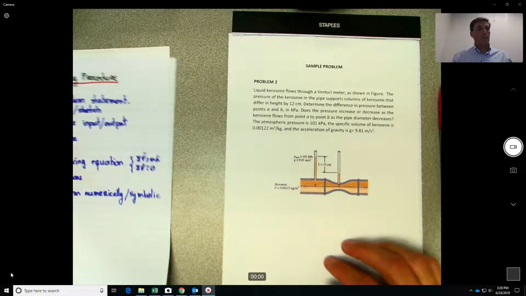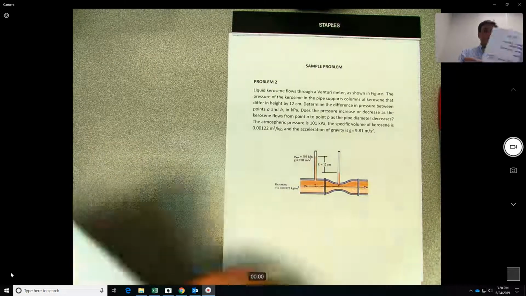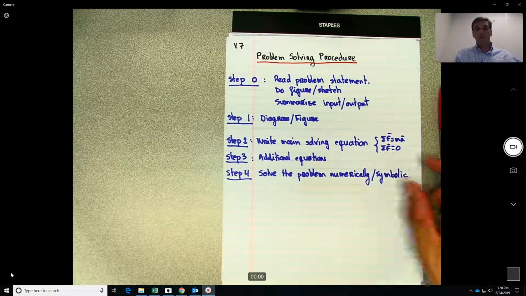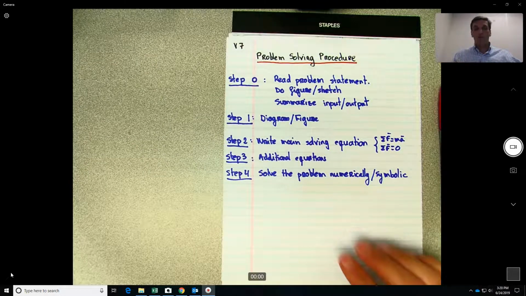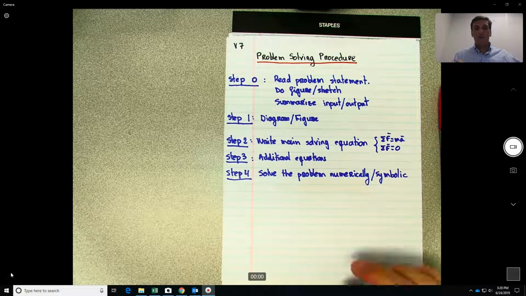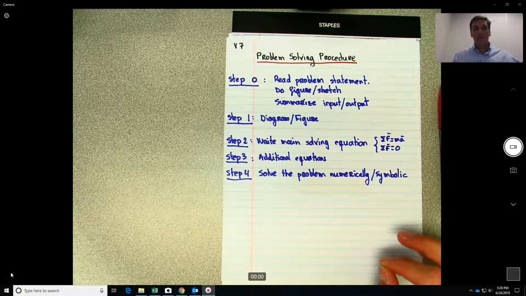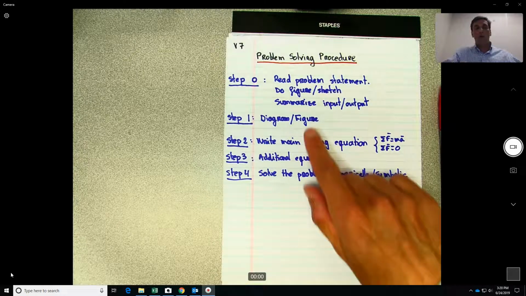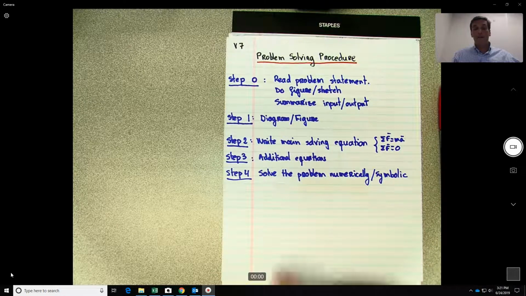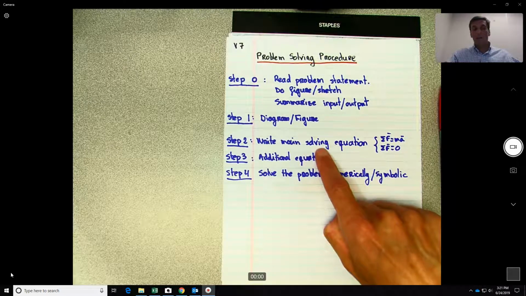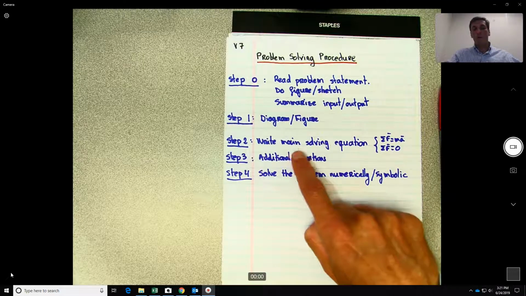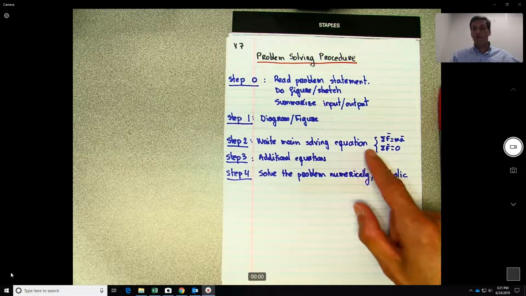But before we start this problem, let's just recall the general procedure, which is step 0, read the problem statement, do a figure sketch, summarize the input and output. So step 1, diagram figure that will be used to write down the equations. So step 2, we write down the main solving equation or equations.